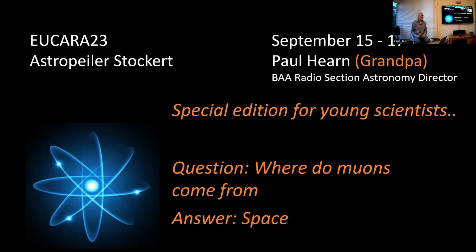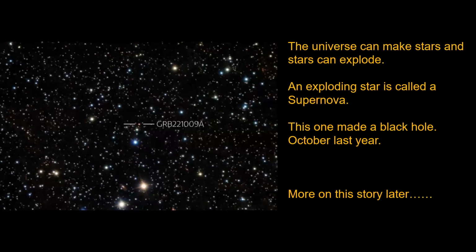Space. Yes, the answer is space. They come from space. Now, this is a very interesting story, and we're going to come back to this a little later. The universe can make stars, and stars can explode.